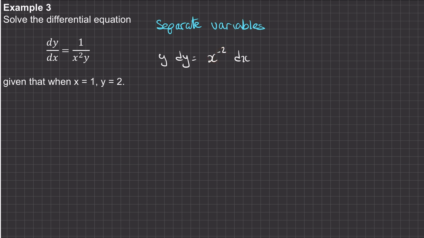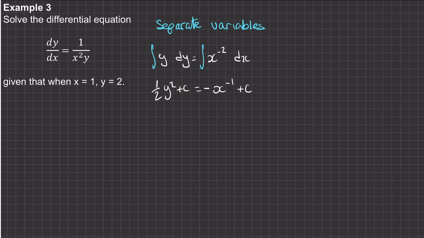Okay, so now we're going to integrate both sides. And what we get is the integral of y, again, is 1/2 of y squared plus c. And the integral of x to the minus 2, well, we add 1 to the power, so x to the minus 1, and then divide by the new power, plus a constant.